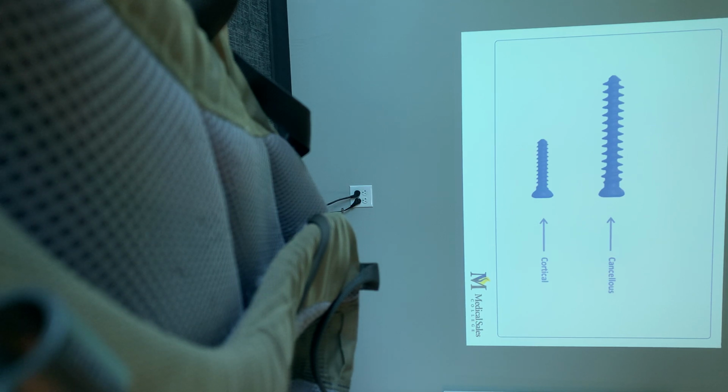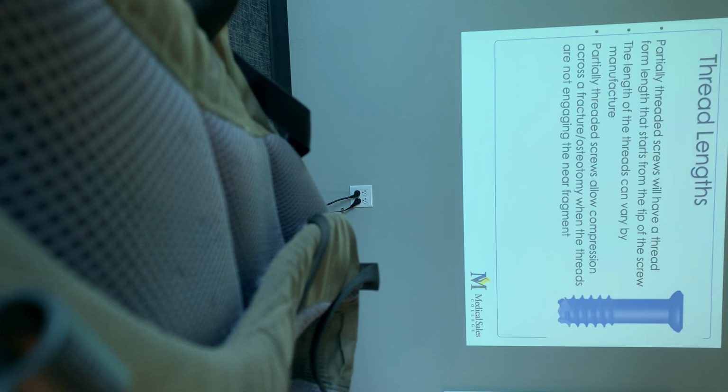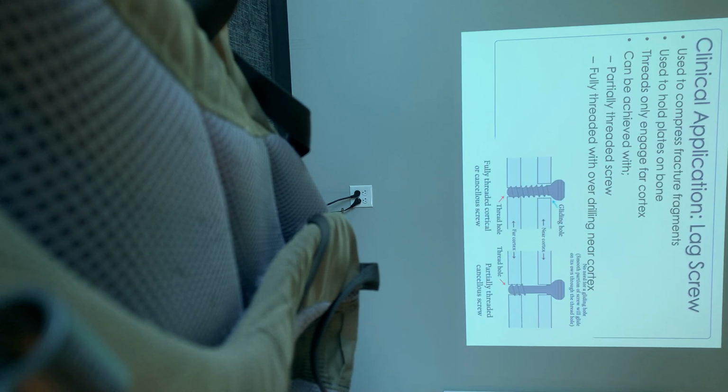Did we get that one back? Because it's a thread type? Well, the thread type is different in cancellous and cortical, soft bone versus hard bone. It's larger, but I don't know. Anyway, thread lengths.